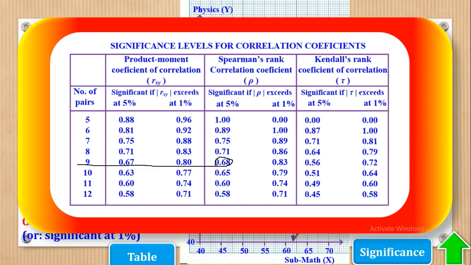In this case, the calculated value, 0.9667, is greater than this table value, meaning it has to be significant. Similarly, at 1%, the table value is 0.83, and the calculated value is greater than the table value, meaning it has to be significant. So that's how you can know whether it's significant or insignificant.